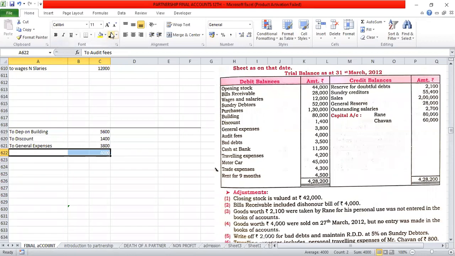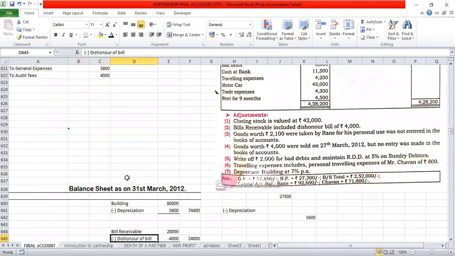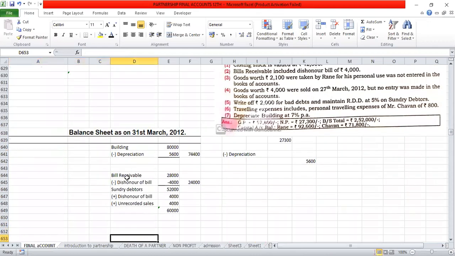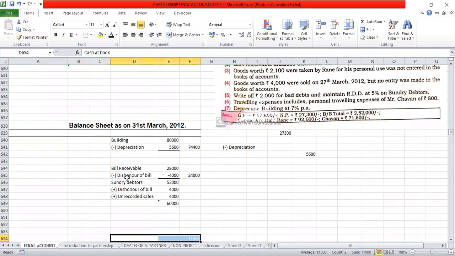Bad debt we will take later with the formulas. Then cash at bank, 11,500, balance sheet asset side. We have the RDD adjustment, that is why we leave the space here.